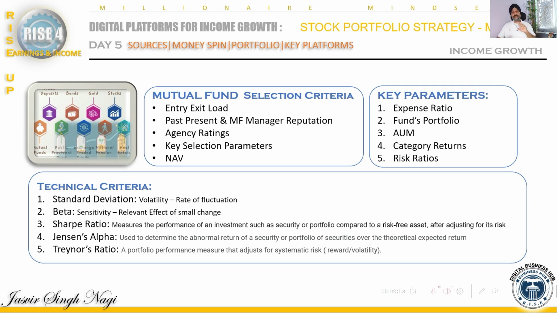So VIX indicates across the stock market what fear people are facing, and what the fluctuation is between the top and the bottom of the collective stocks brought together. That is what a volatility index is all about. Now the volatility in this case is the same: the fluctuations against the reward, how does it fare, is the purpose of Treynor's ratio. Clear? Now we'll quickly take a look at some of the best ones. I'll go to the Indian ones as well as the US ones, so you understand how this works.